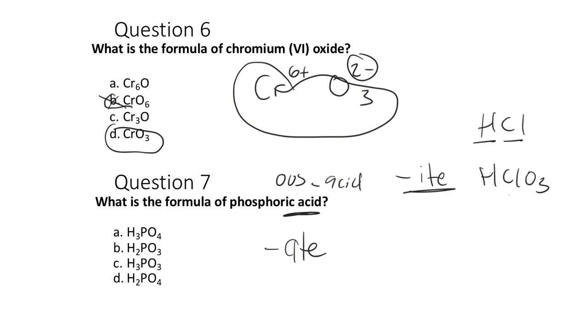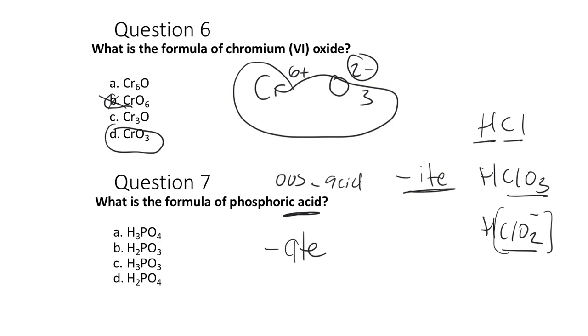HClO3 would be chloric acid, so this would not have the hydro, it is just chloric acid. HClO4 would be perchloric acid. HClO2 would be chlorous acid, because ClO2 minus is chlorite. Hydrogen in front would be chlorous acid.